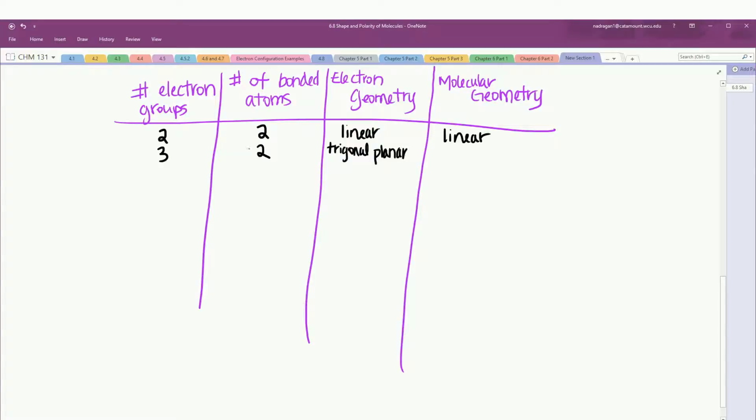And if it only has 2 bonded atoms, the molecular geometry is called 120 degrees bent. If you have 3 electron groups and 3 bonded atoms, then the electron geometry is trigonal planar, and so is the molecular geometry.